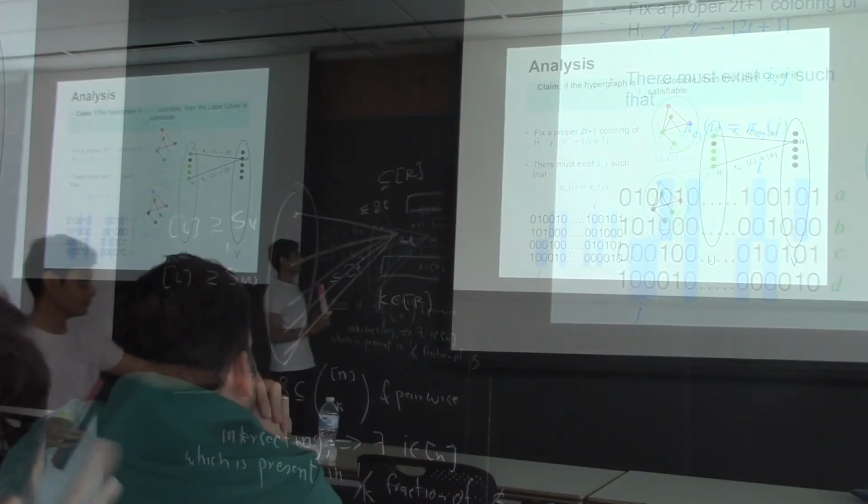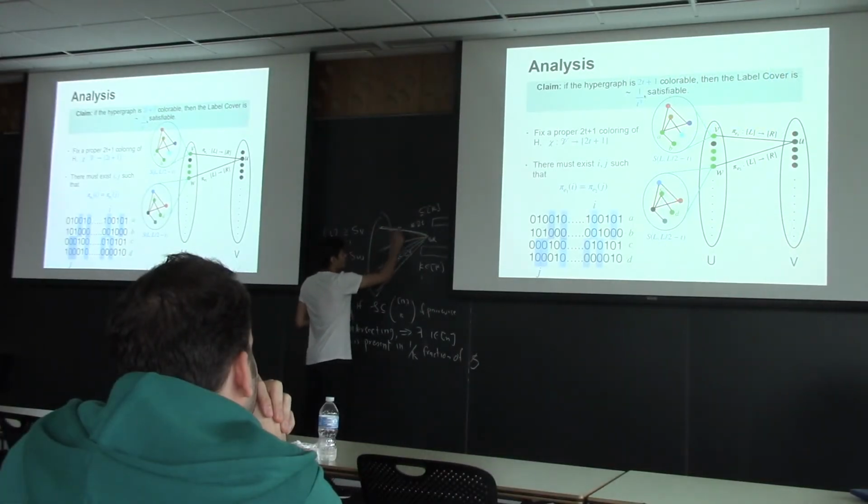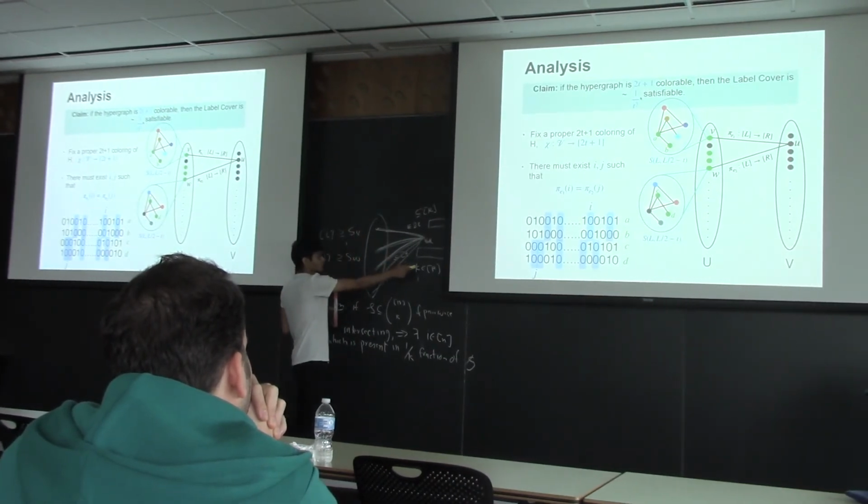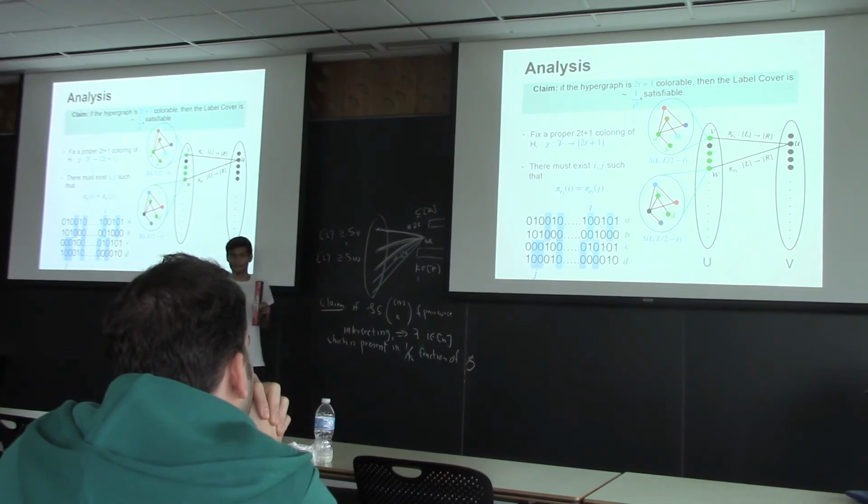You have a family. What does that mean? That for a 1 over T fraction of these edges, there is a label here which projects to this particular K.